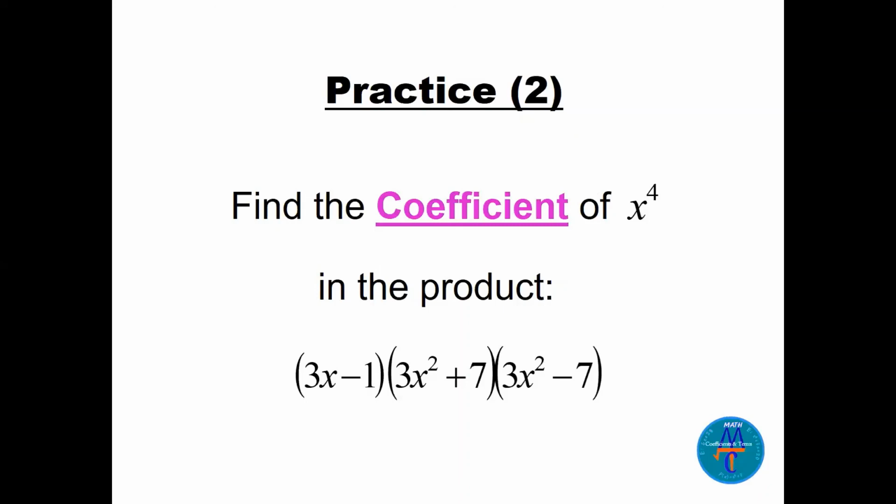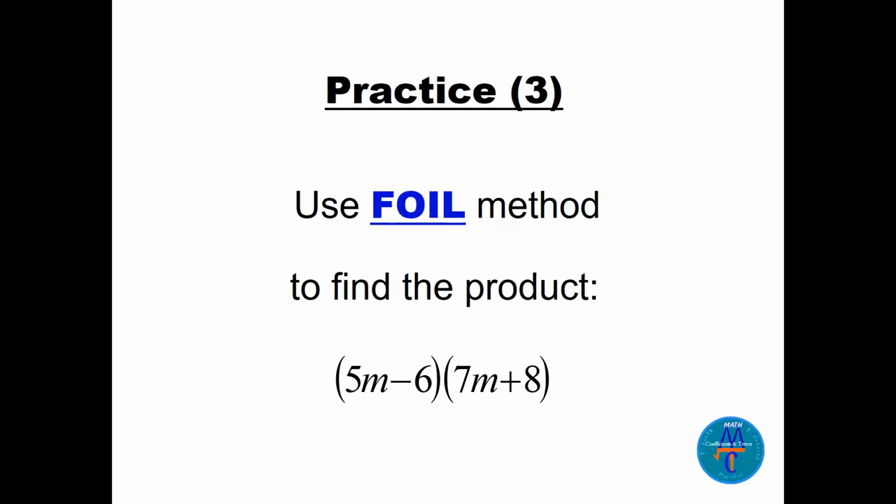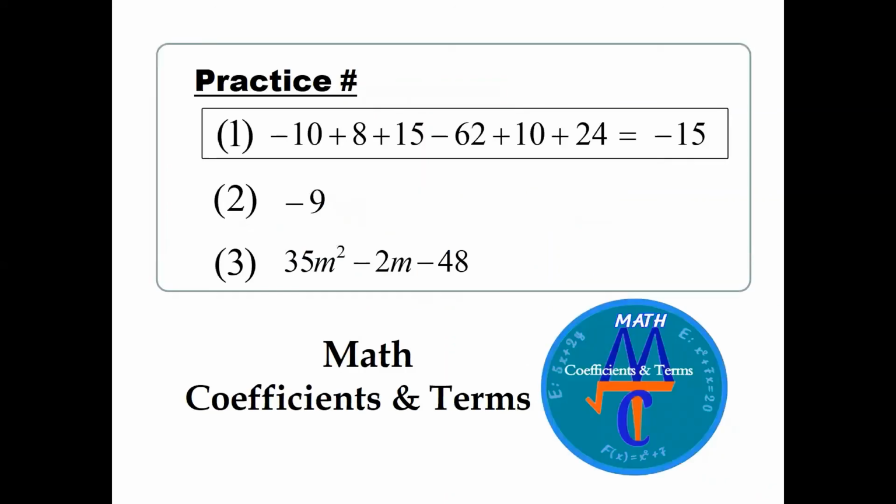Only, now be smart here. Find only the coefficient of x to the power 4. Practice number 3: use the FOIL method to find the product 5m minus 6 times 7m plus 8. And usually I put the answers, only the final answer, in the last slide to help you.